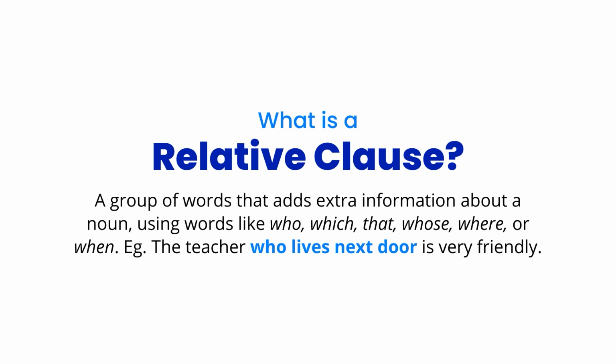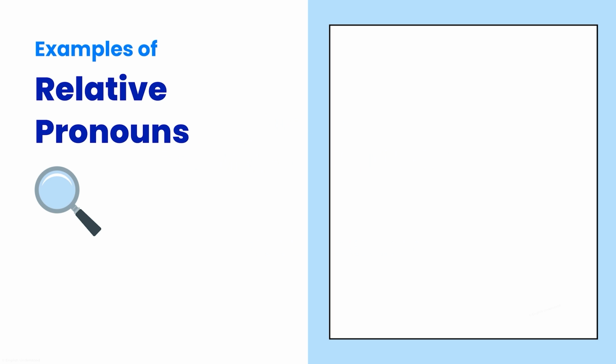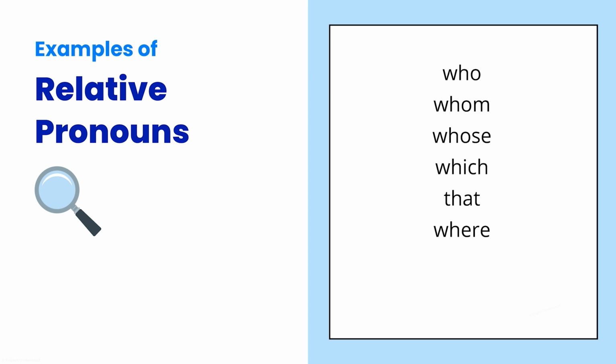For example, the teacher who lives next door is very friendly. So who lives next door, that is the extra information. Now, with a relative clause, we need to use relative pronouns. So here are some of the most common ones: who, whom, whose, which, that, where, when, and why.